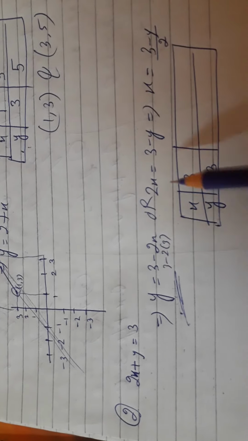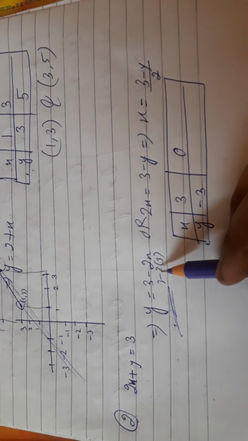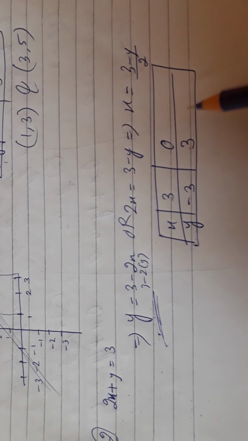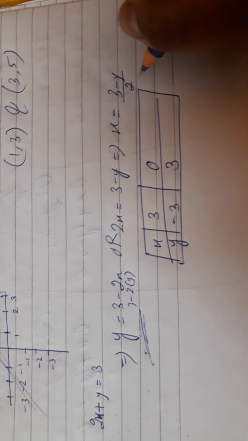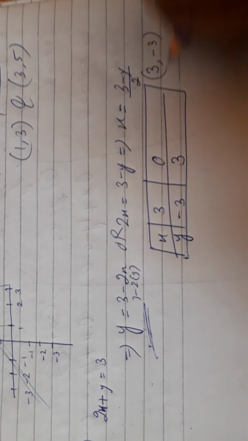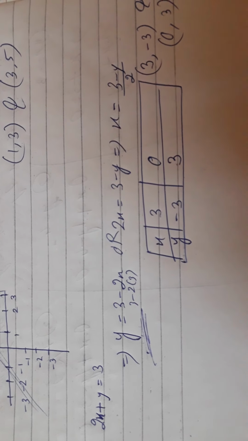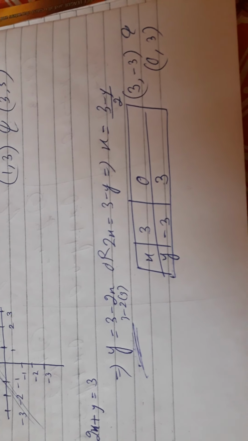Then if you put x equals 0, you get 3 minus 0 equals 3. Now you have to plot the points 3 comma minus 3 and 0 comma 3. You have to find a minimum of 2 to 3 solutions.